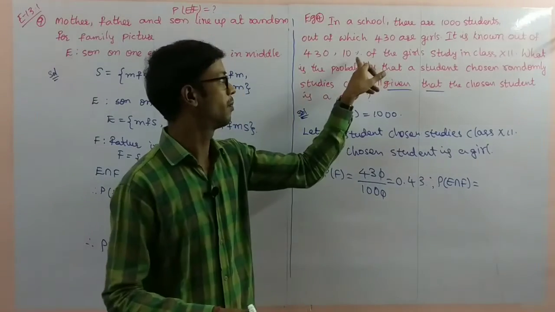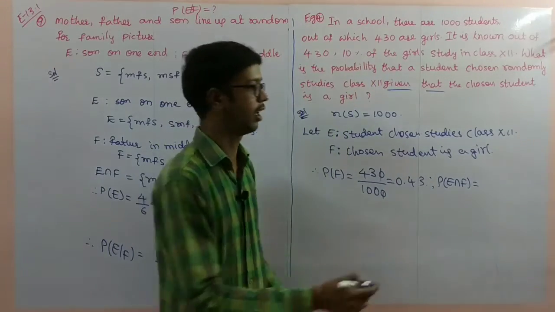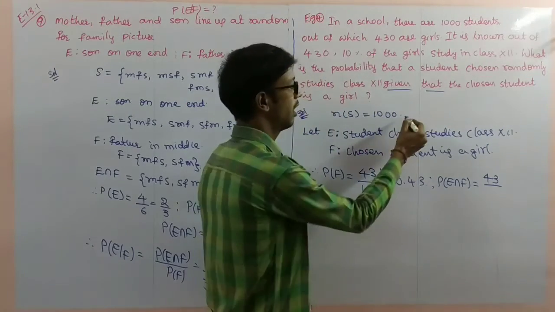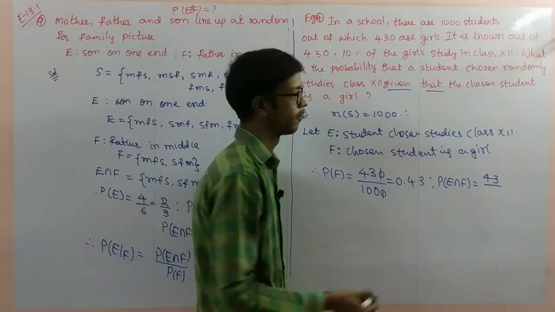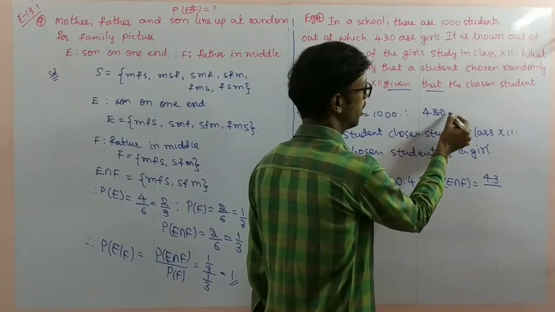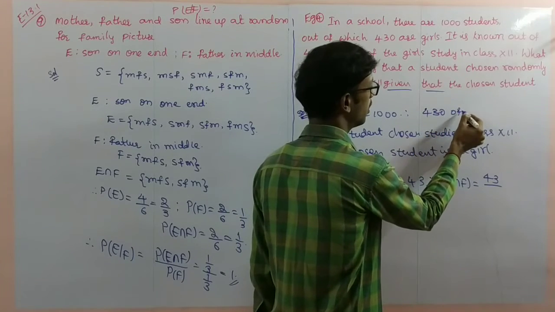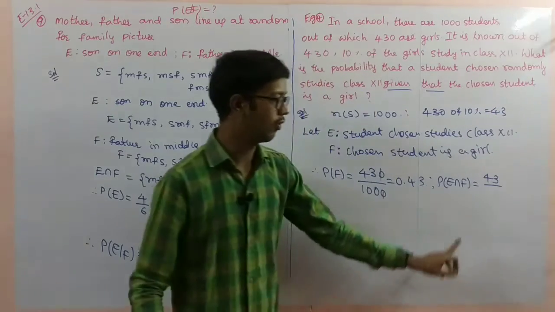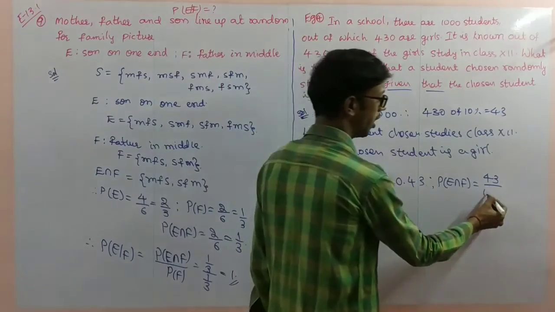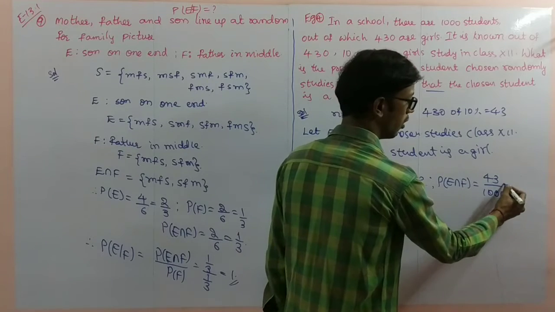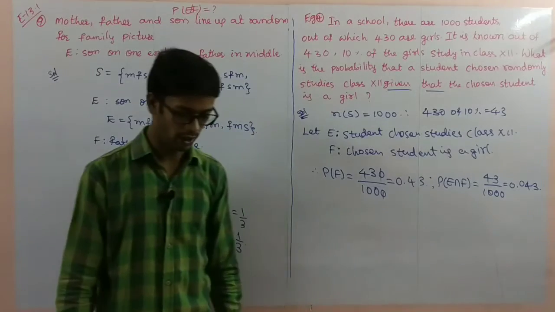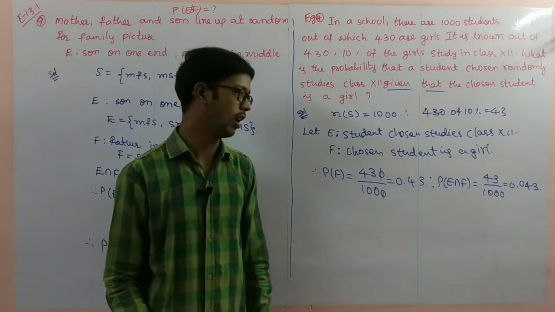So the intersection part is 10% of 430. 430 10% is 43. So 43 by 1000, that is 0.043, the probability of E intersection F.